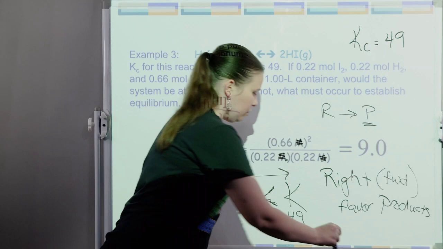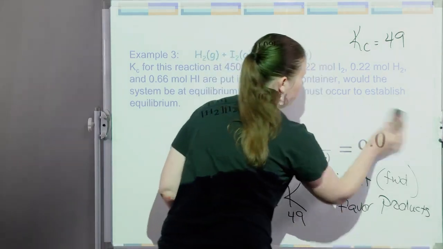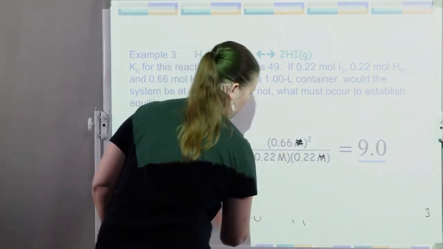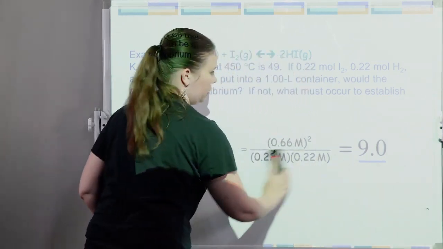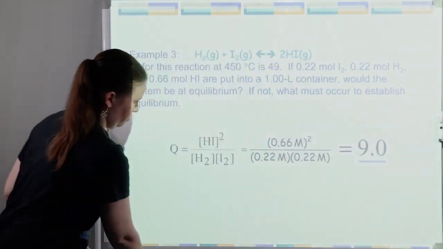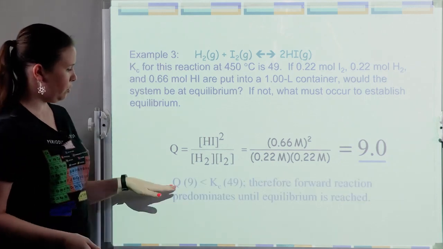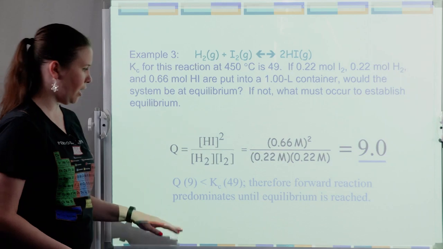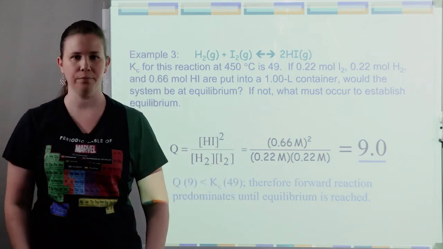So it's all about this comparison from Q and tying it back to K to see which way we need to go to get to equilibrium. So if Q is less than K, we're not there yet. We need more forward reaction until we reach the equilibrium.